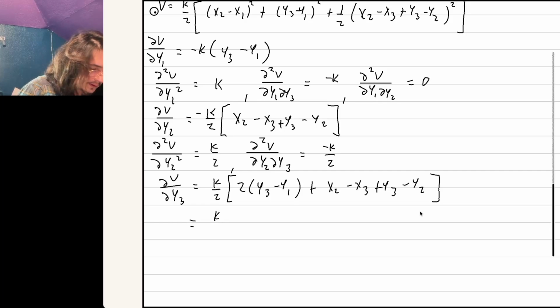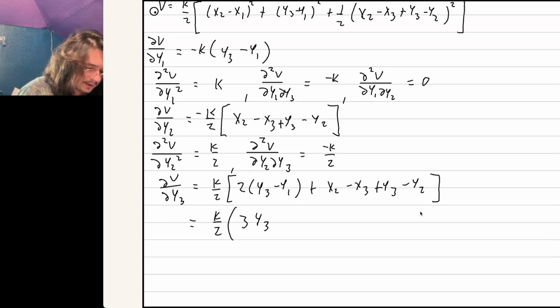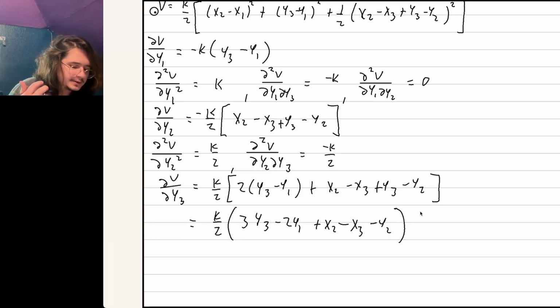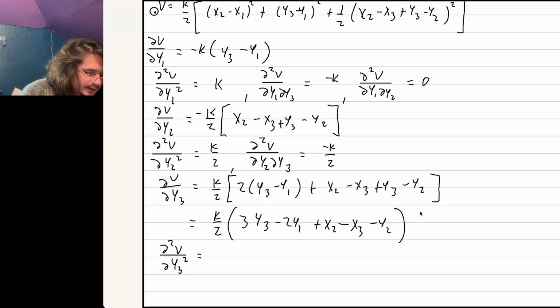So 3y3 minus 2y1 plus x2 minus x3. You just need the second derivative of that with respect to y3 to finish this out. 3k over 2. All right.